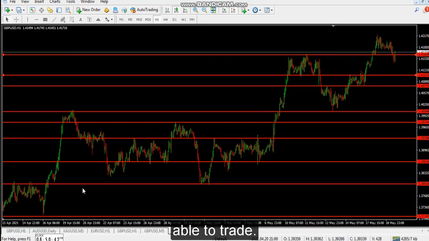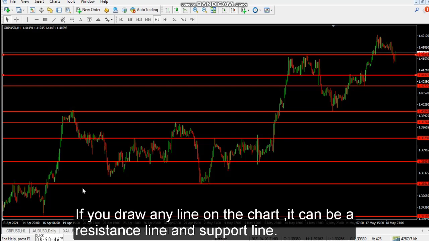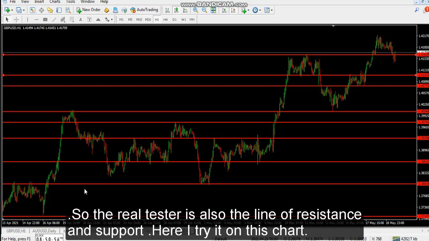We won't be able to say which is right. If you draw any line on the chart, it can be a resistance and support line. So the real test is whether the line is also a line of resistance and support. Here I have shown it on this chart.